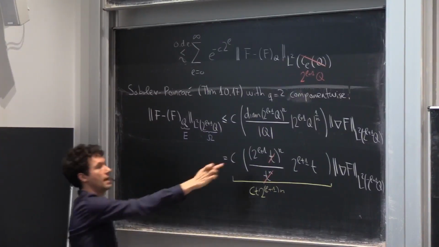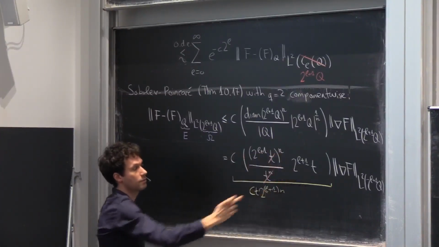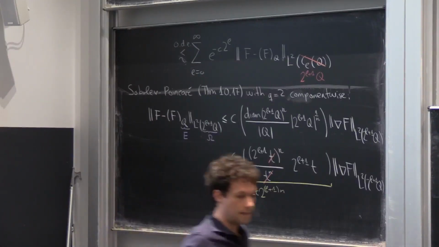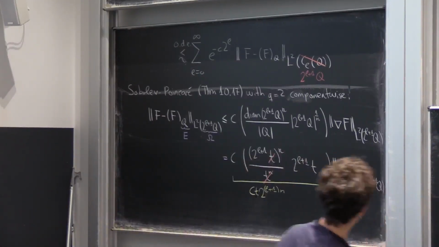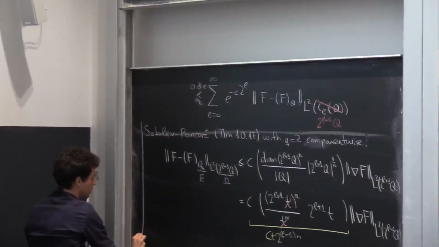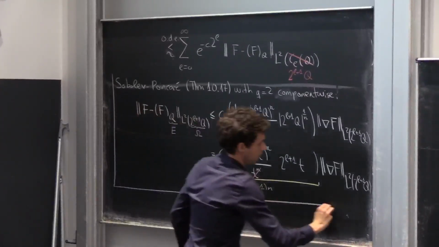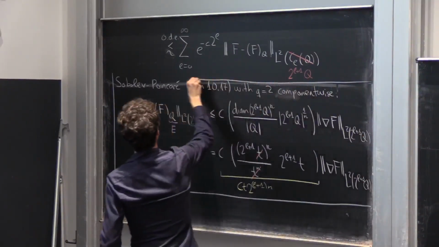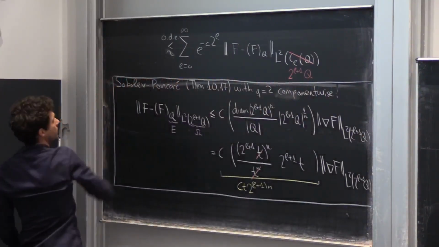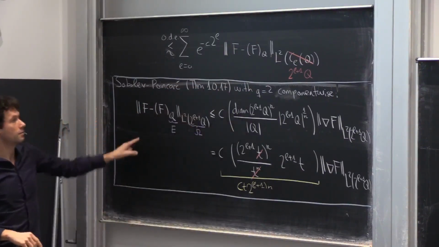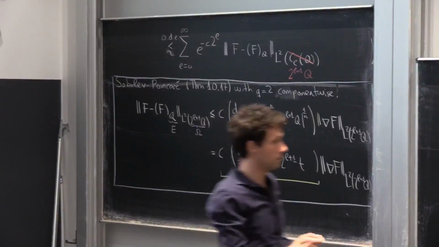There's 2 to the Ln, and then there's 2 to the L, which gives 2 to the L plus 1 n. Good, so let's take a square around it, because this was just some intermezzo allowing us to control this term here.